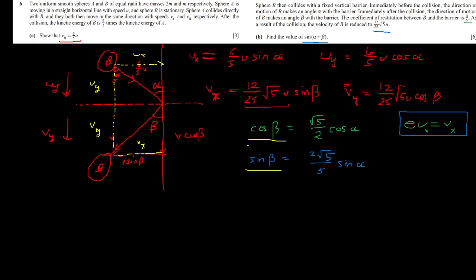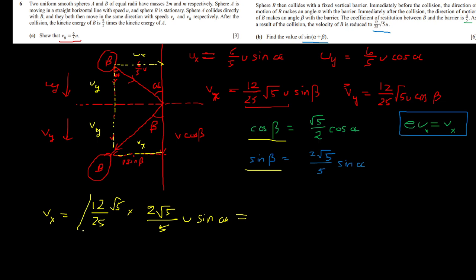So over here for sine beta we would be getting 12 by 25 root 5 times 2 root 5 by 5, and this is what Vx is supposed to be equal to. Vx equals 12 root 5 by 25 times 2 root 5 by 5 u sine alpha.